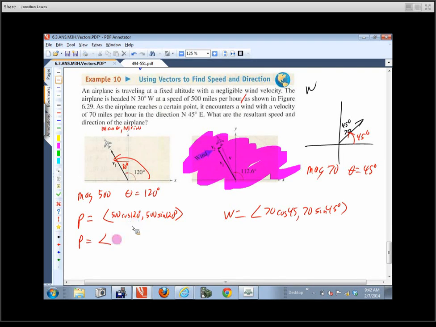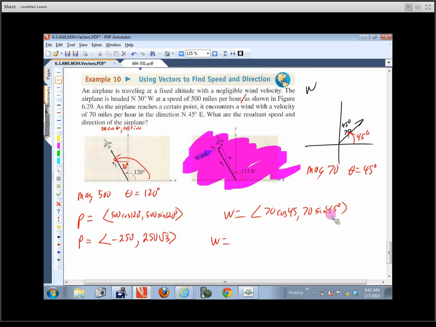Right? So this is going to be negative 250, comma, 500 sine 120. Sine of 120 is positive radical 3 over 2, so this is going to be 250 radical 3. Did I say that right? Good there? Okay. And the wind?